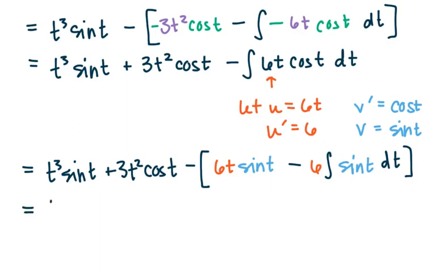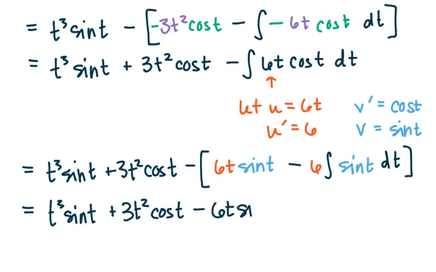So I've got t cubed sine of t plus 3t squared cosine t minus 6t sine of t, and then minus a negative, that's going to be plus, and the integral of sine is negative cosine.